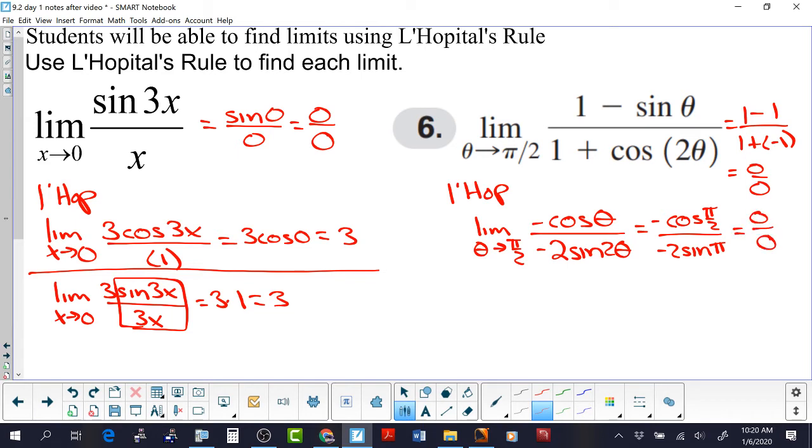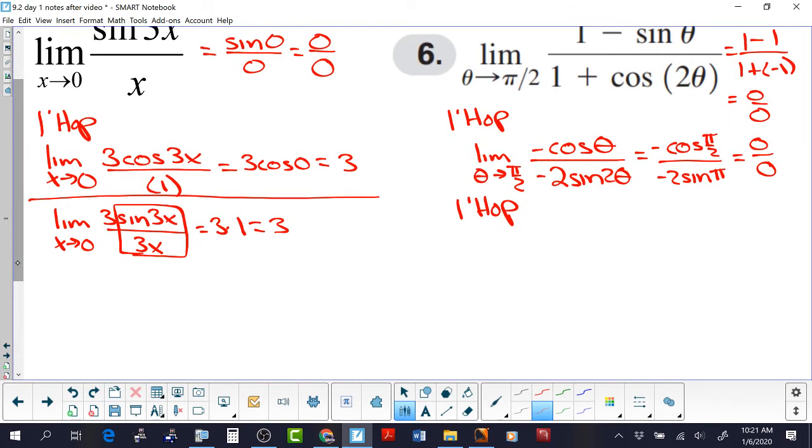But cosine of pi over 2 is 0 and sine of pi is 0. So now we use what's called the stronger L'Hopital's, which means just do it again. As long as you get indeterminate form, you just keep doing L'Hopital's. So we have limit as theta approaches pi over 2 of sine of theta over negative 4 cosine of 2 theta.